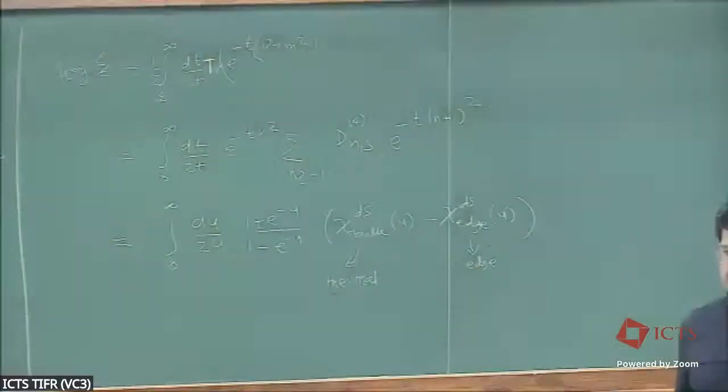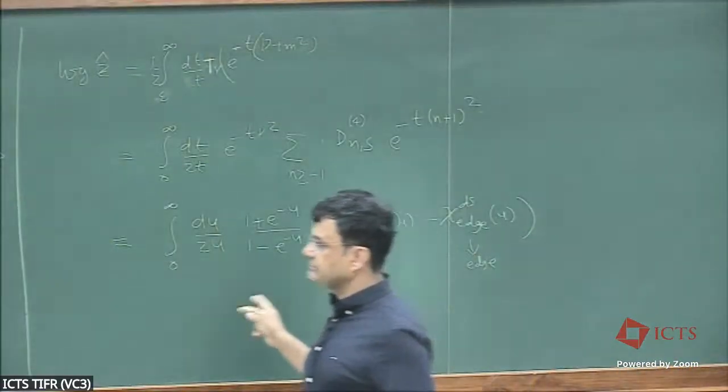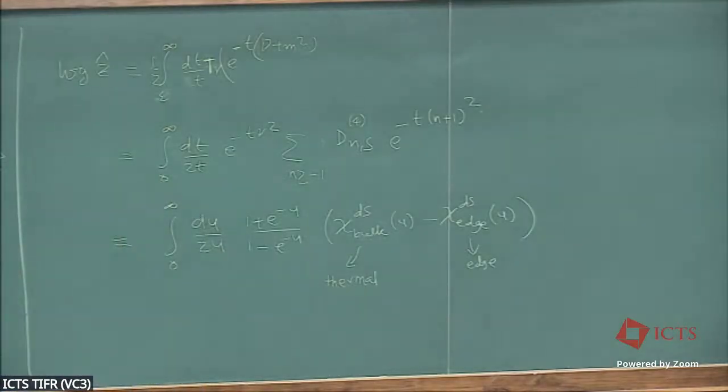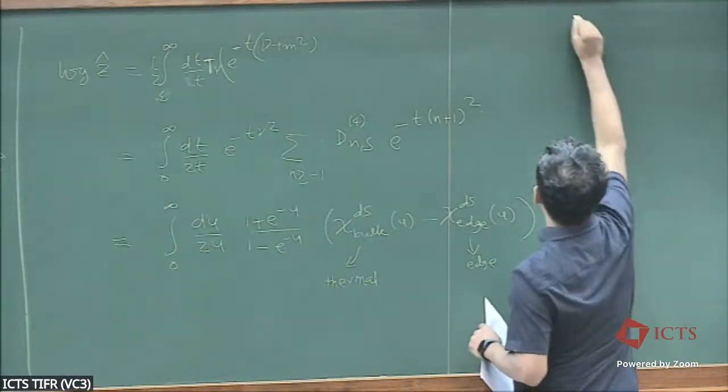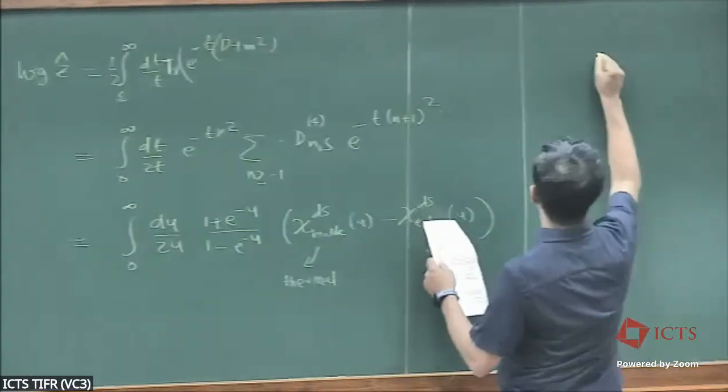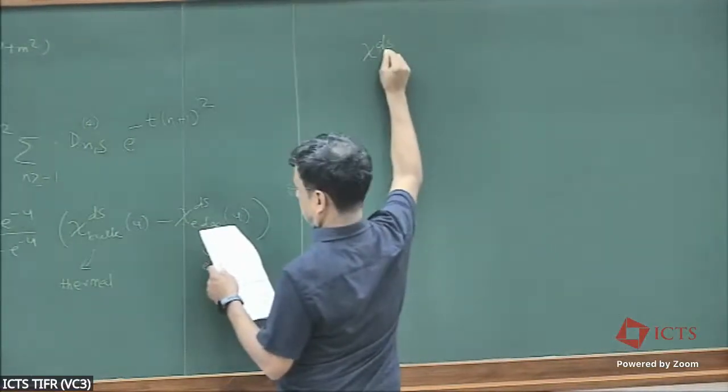So we will basically be dealing with the principal series. If you're looking at massive representations, which is what we will do, basically you can deal only with the principal series. So I'm going to write down what is chi, and that's only for the principal series, but there are similar formulas for the complementary series.